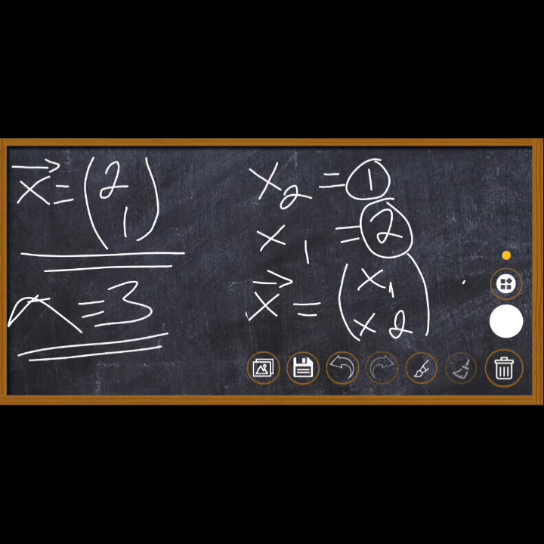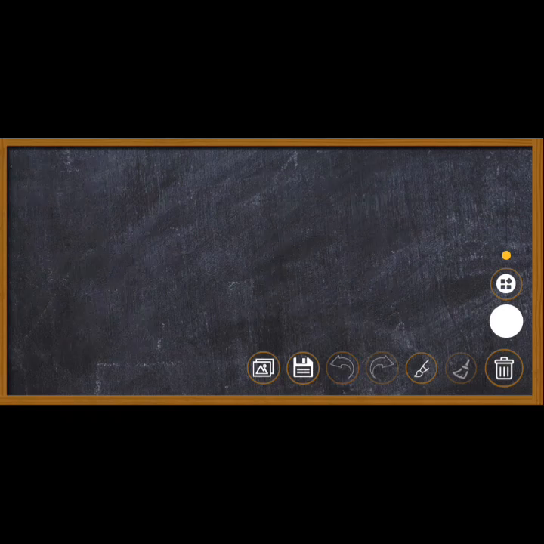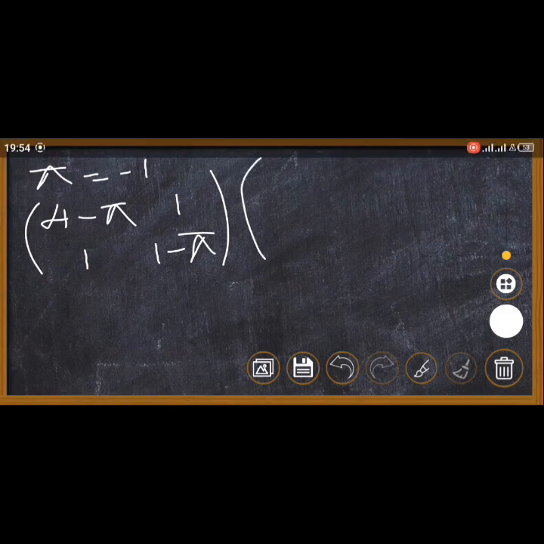Okay, now remember we had 2 pi, we had even pi equals to negative 1. So you may also try when pi equals to negative 1. So let's do that. So if pi equals to negative 1, remember we had 4 minus pi, 1 here, we had 1 minus pi, and then here we have x1 and x2 equal to 0.